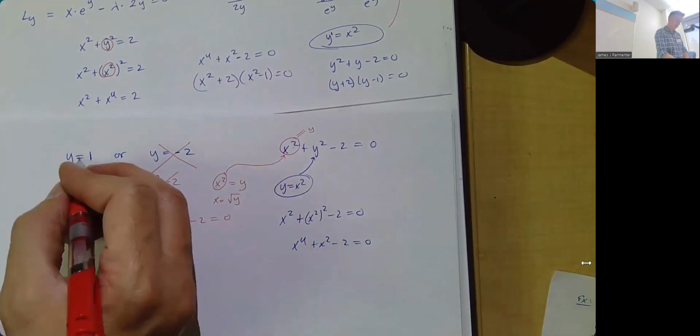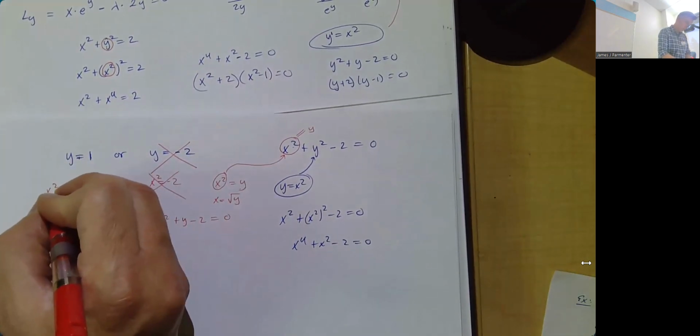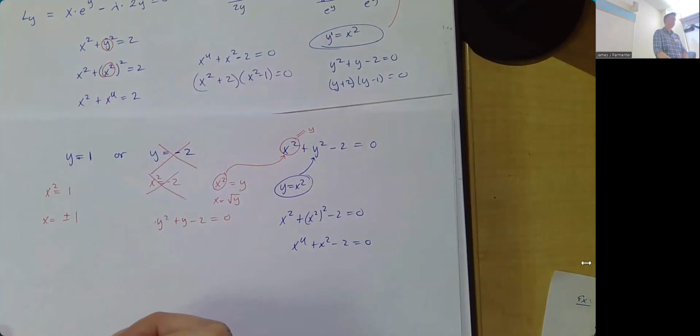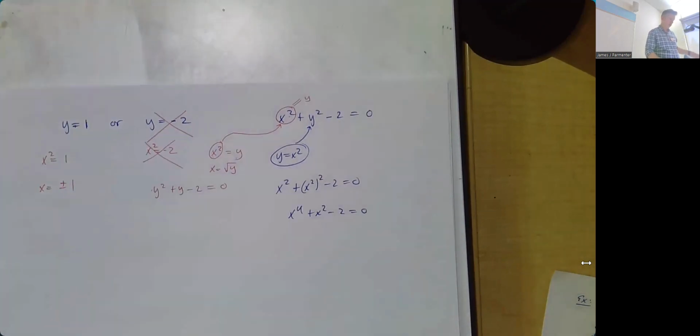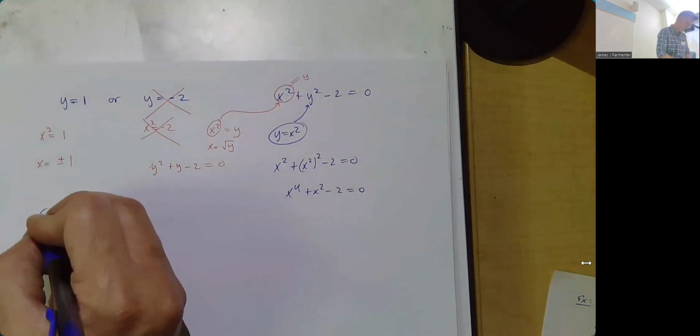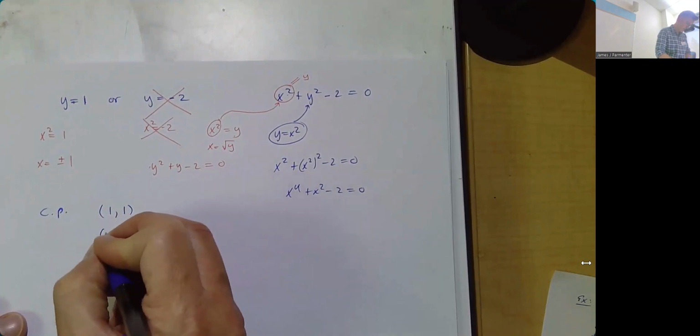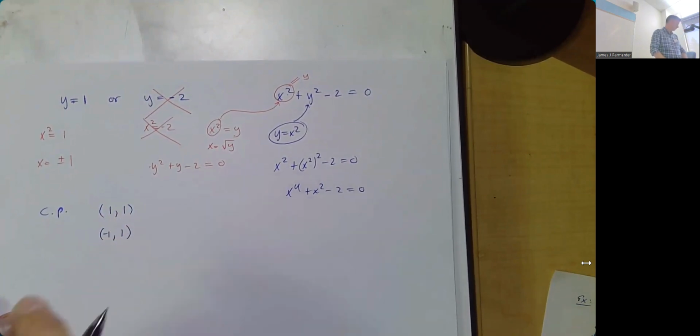On the other hand, this is going to be fine. If x squared equals 1, then x is going to be plus or minus 1. So it looks like our two critical points are x is 1, y is 1, or x is -1, y is 1.